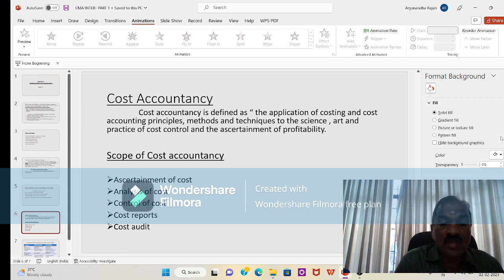Then cost accountancy. Cost accountancy is defined as the application of costing and cost accounting principles, methods, and techniques to the science, art, and practice of cost control and ascertainment of profitability. The definition is as given in the text.